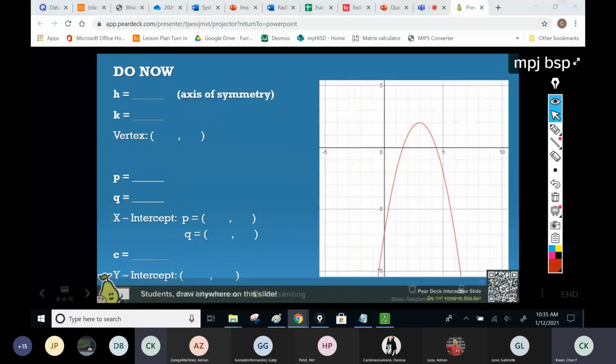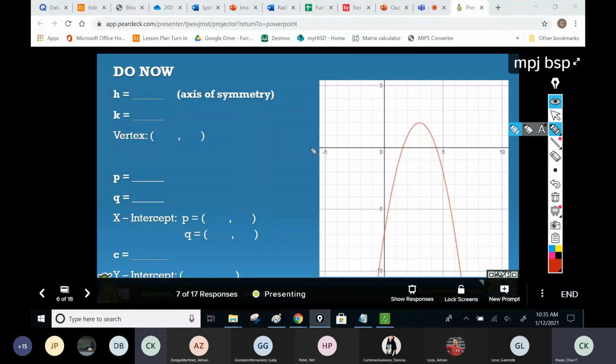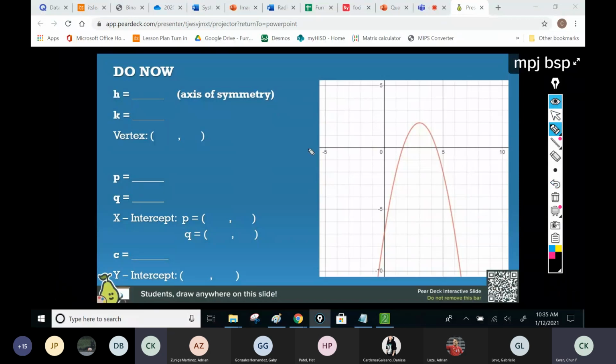The x-intercept is where it crosses the x-axis, guys. Some of you guys put it too low. So the x-axis is this one right here, and then this is the y-axis right here. For the x-intercept, where it crosses the x-axis is right here and right here.